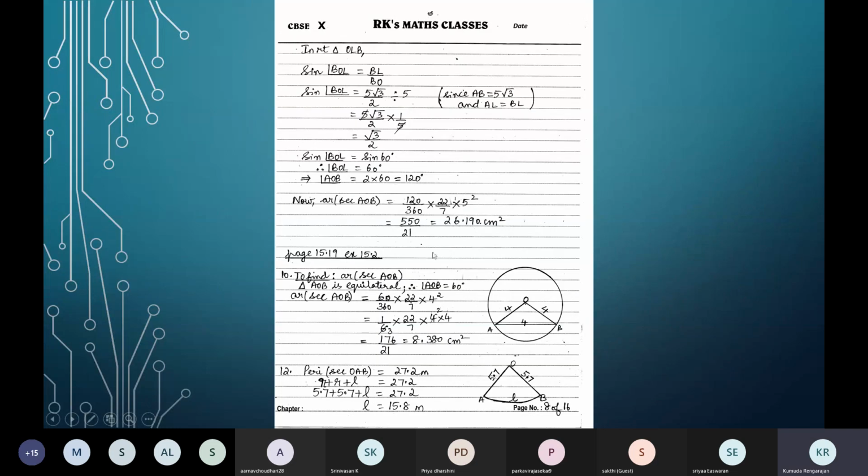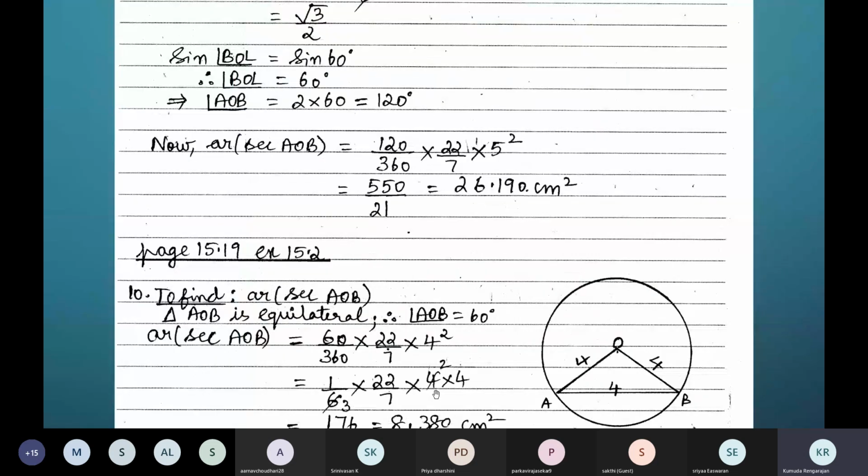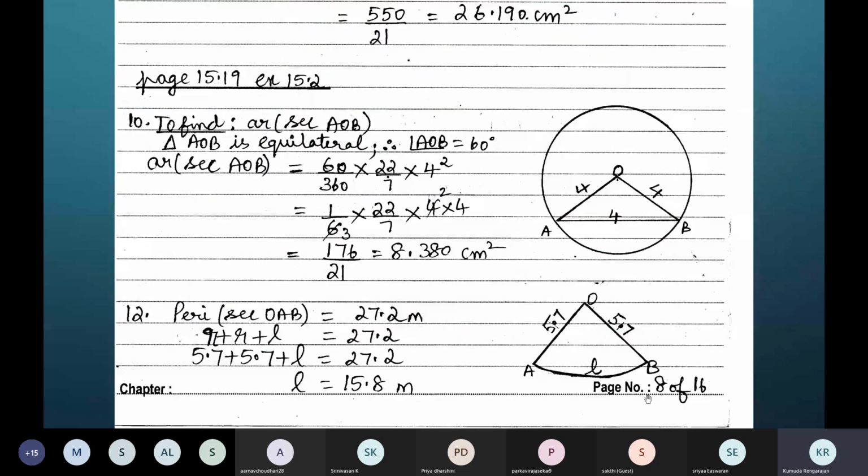Otherwise, if you want to find the sector angle, we know the length of arc is 15.8. So theta by 360 into 2 pi r is equal to 15.8. If at all you want to find theta, you need to work that. But you don't have to do it; you can do this straight away, LR by 2.